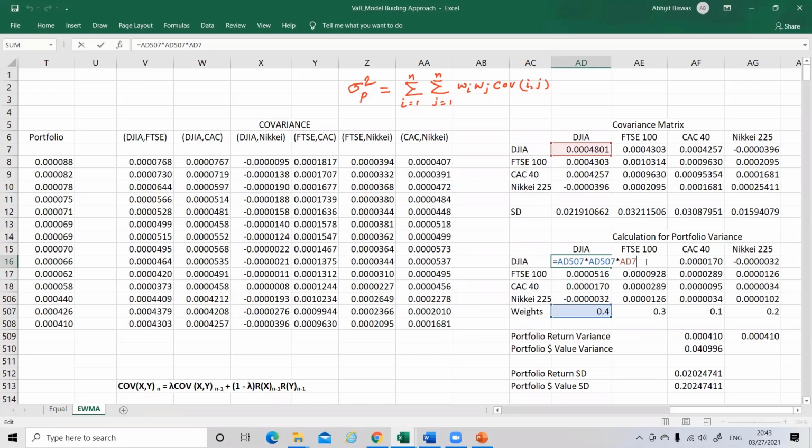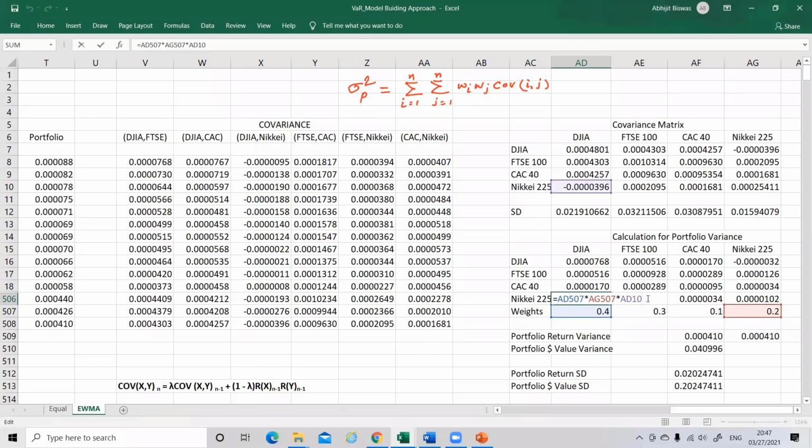So see the formula. Let us do it quickly. In AD16, enter the formula equals AD507 into AD507 into AD7. For the second one, the formula would be weight of Dow Jones multiplied by weight of FTSE multiplied by covariance between Dow Jones and FTSE. So come to AD18, enter the formula: AD507 multiplied by AF507 into AD9.